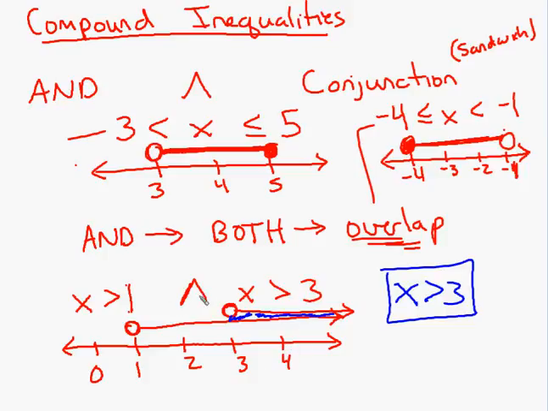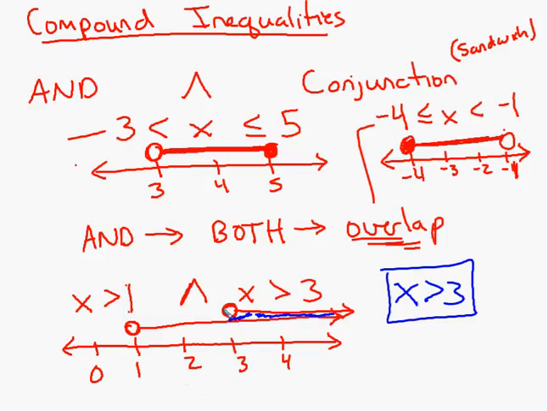Even though I had the conjunction "and," it's simplified down to just one thing. So that's the exception to the sandwich. I graphed both of these and looked for where there's overlap. There's overlap starting at 3. So x is greater than 3.